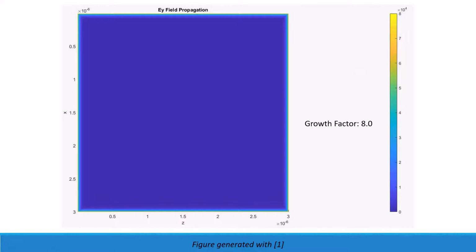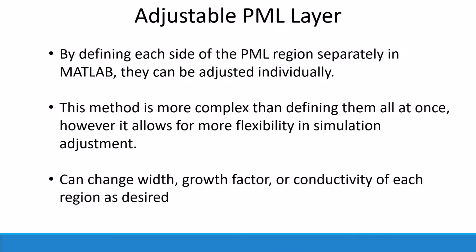However, there is another way that we can achieve more flexibility, and this is by defining each side of the PML region separately. So the coding here is a little bit more complex to introduce into the simulator. However, the flexibility that is achieved is well worth it, as the width, growth factor, or conductivity of each side of the PML can be defined individually.